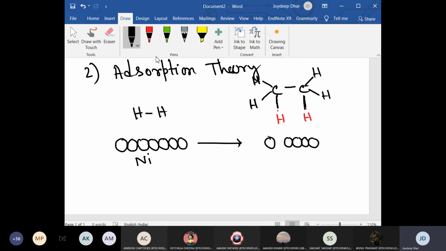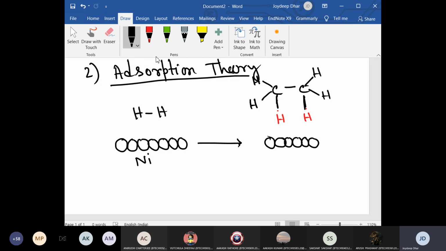Okay, so it will have weak adsorption. So adsorption is a process in which the chemical species, here the hydrogen gas molecule, will have weak interaction with the surface atoms.